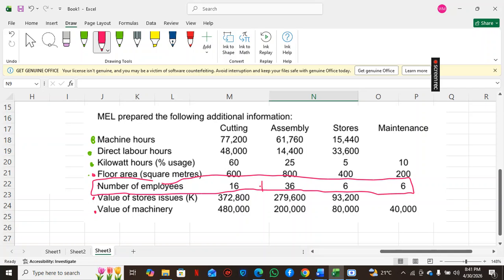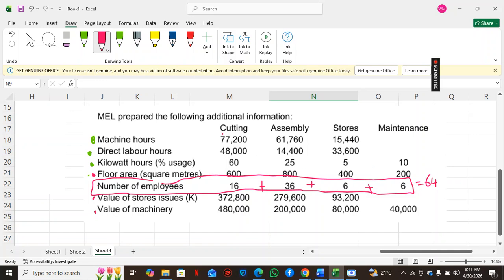We're going to say 16 plus 36 plus 6 plus 6. Those with calculators, 16 plus 36 plus 6 plus 6 is 64. Okay, 64. So this is how we're now going to share.